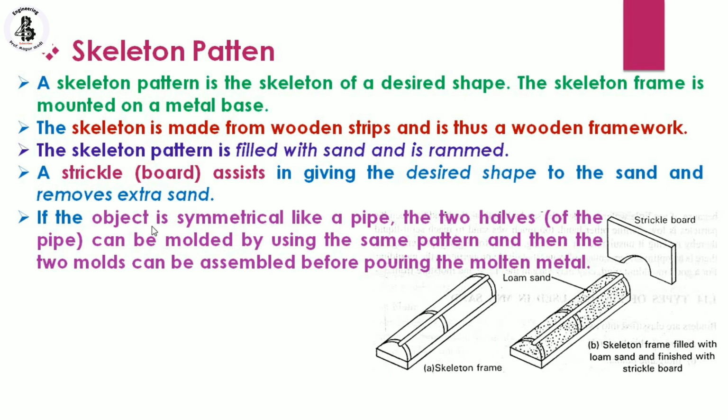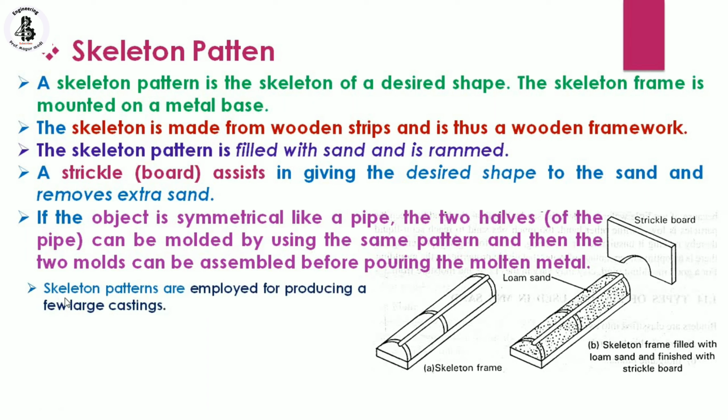If the object is symmetrical like a pipe, the two halves can be molded using the same pattern, and then the two molds can be assembled before pouring the molten metal. Such an arrangement you will find in skeleton patterns.